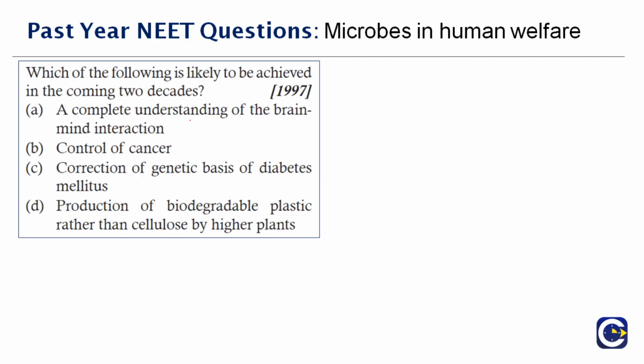Next question here. Which of the following is likely to be achieved in the coming 2 decades? Here we have to discuss every option. A complete understanding of the brain-mind interaction, control of cancer, correction of genetic basis of diabetes mellitus, production of biodegradable plastic rather than cellulose by higher plants.